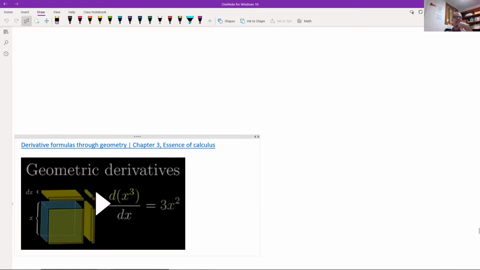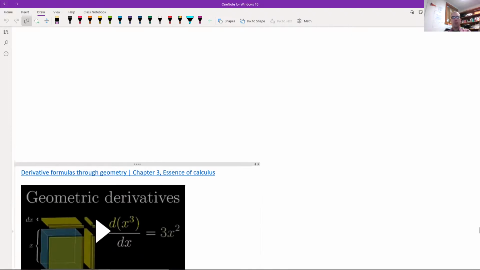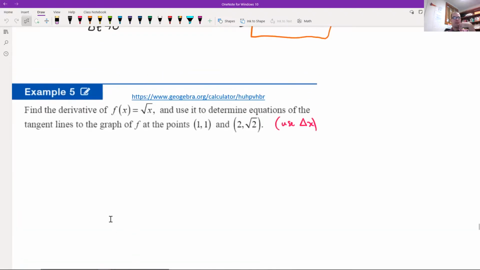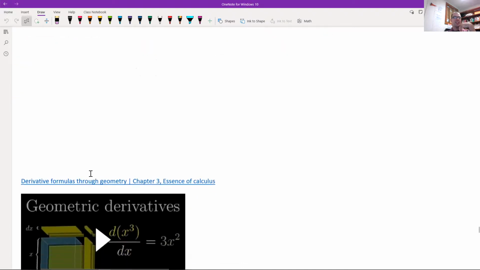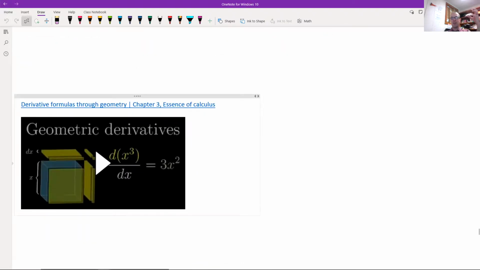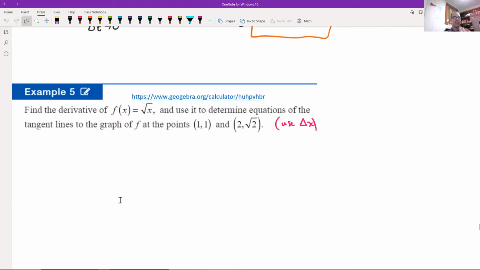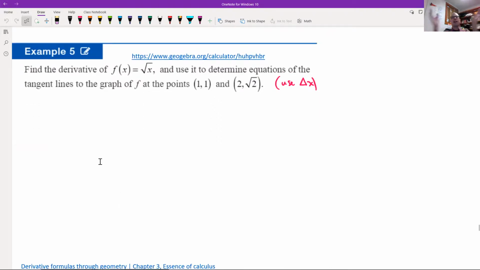We'll see. But the activity is actually going to be based off of this. It's a really cool way of using the limit definition of the derivative. Understand derivatives in a little bit more geometric way. It's going to be good. All right. Example 5, we're going to finish this video out and call it a day.